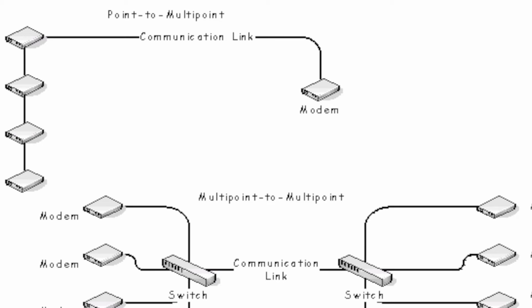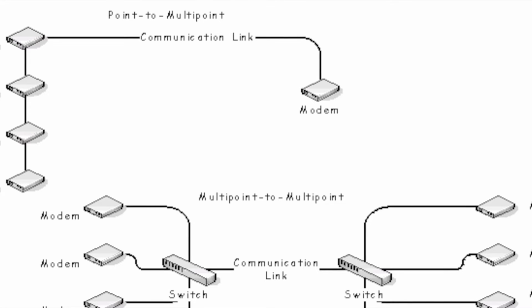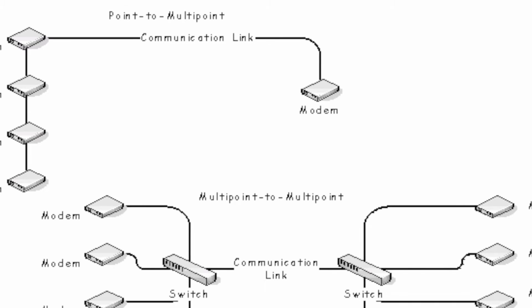The advantage of multi-point circuits is that they reduce the amount of cable required and typically use the available communication circuit more efficiently. Imagine the number of circuits that would be required if the network was designed with separate point-to-point circuits. For this reason, multi-point configurations are cheaper than point-to-point circuits.